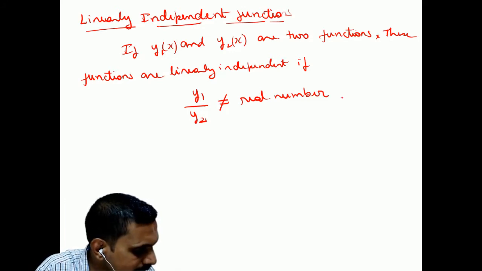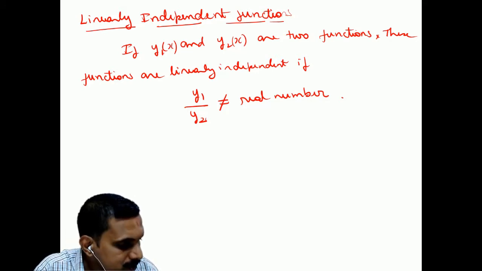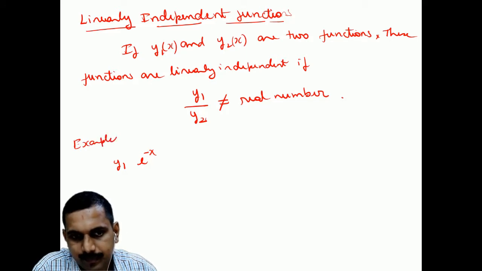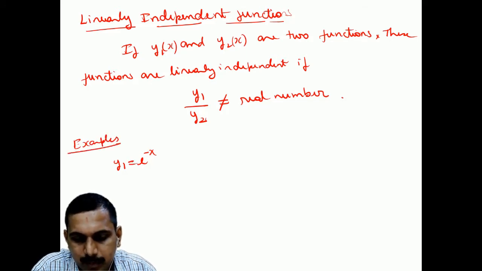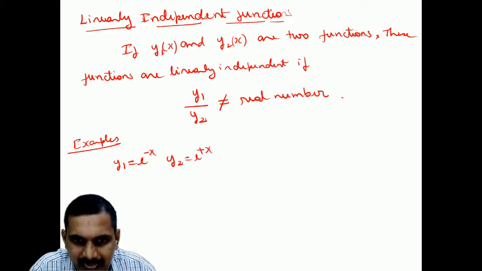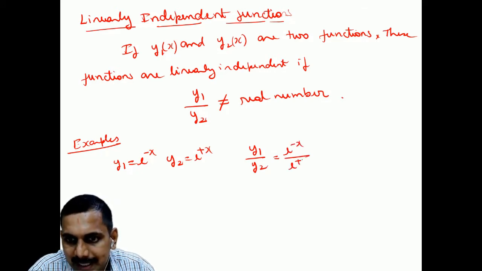Okay. So now here, in this case, let us check it out with examples. Let us take y1 is equal to e power minus x and y2 is equal to e power plus x. Are they linearly independent or not? So what happens? y1 by y2 is equal to e power minus x divided by e power plus x, correct?